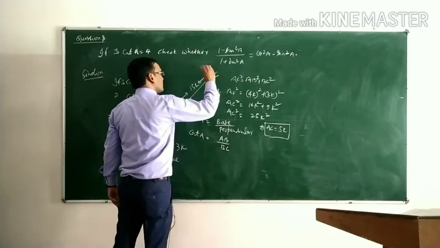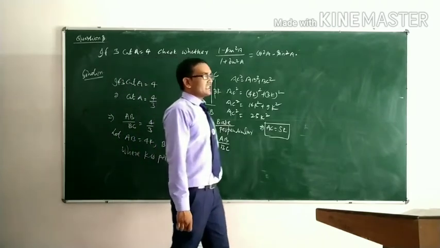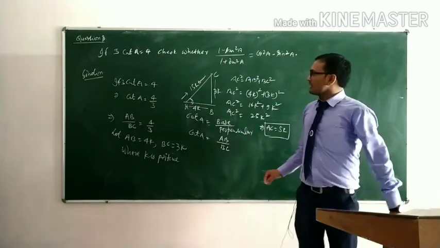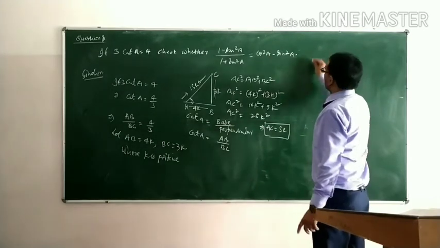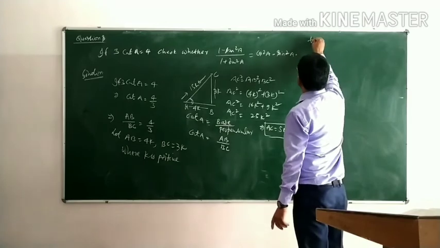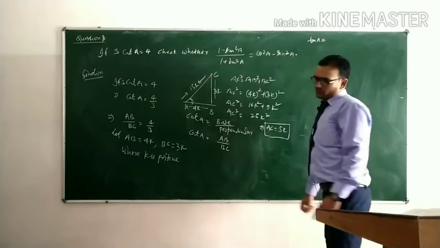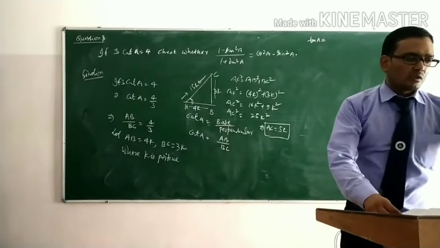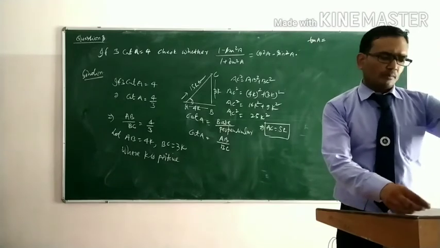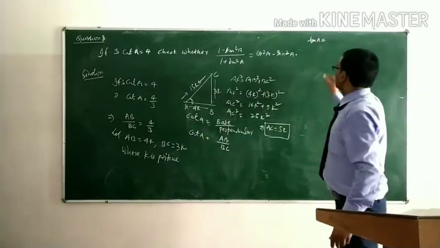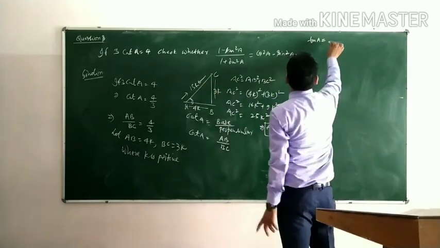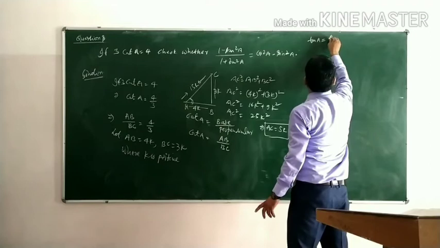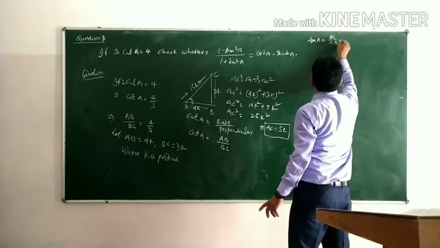Okay, students? Now we find the values of tan A, sin A and cos A. The value of tan A equals perpendicular side upon base. What is the perpendicular side? BC, and the base is AB.